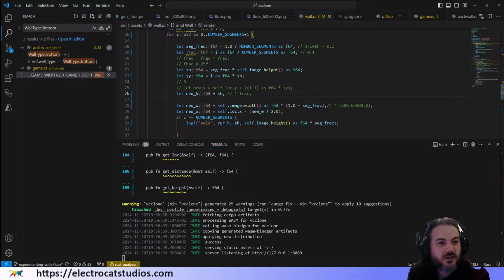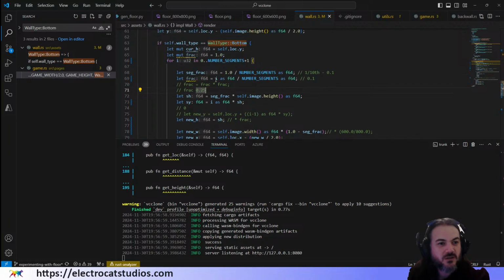So the new height should go from 0 to, yeah. It's not including, is it? So we'll never get a 100. Okay. So the fraction should then be, the start height should be the fraction height times the image width.